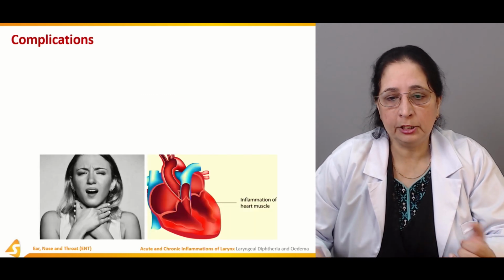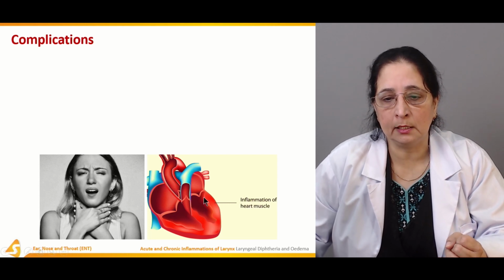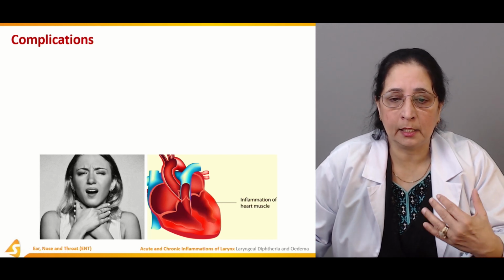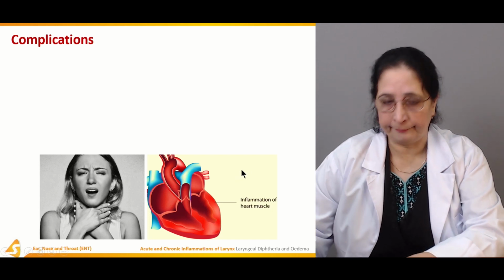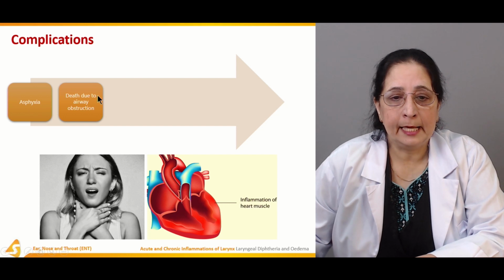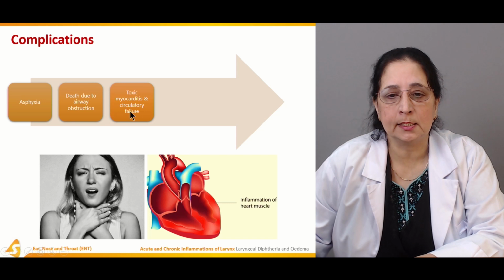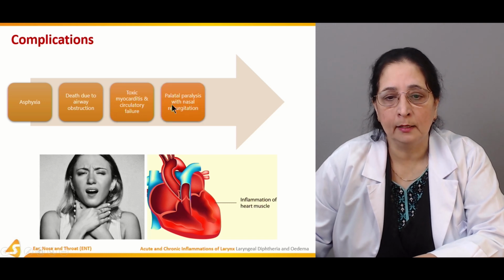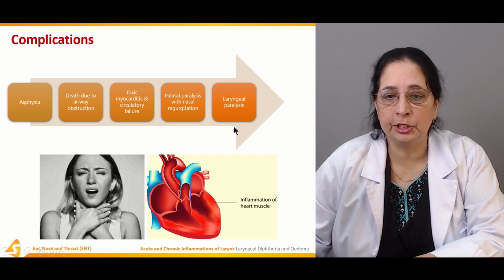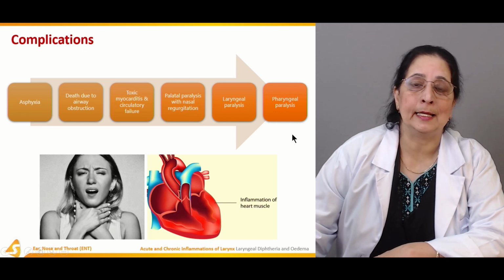Complications, as I mentioned already, include myocarditis, in which the myocardium, the muscle of the heart, is infected or inflamed. There is also asphyxia and death due to airway obstruction, toxic myocarditis and circulatory failure, palatal paralysis with nasal regurgitation, laryngeal paralysis and pharyngeal paralysis.